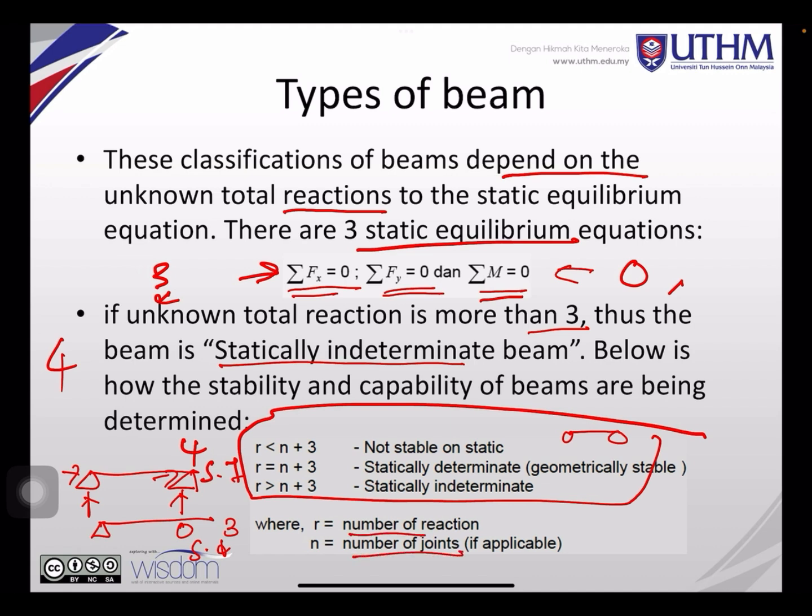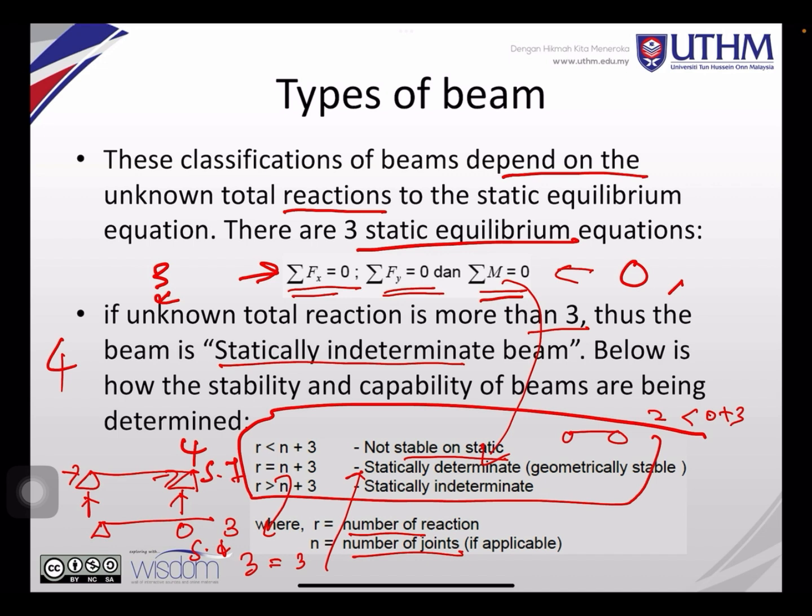So the reaction force 2 is less than 0 plus 3, so it's not stable. For statically determinate, R is equal to 3, joints you don't have, so 3 equals 0 plus 3, so it's statically determinate. You can calculate using these three equations to get the reaction forces.